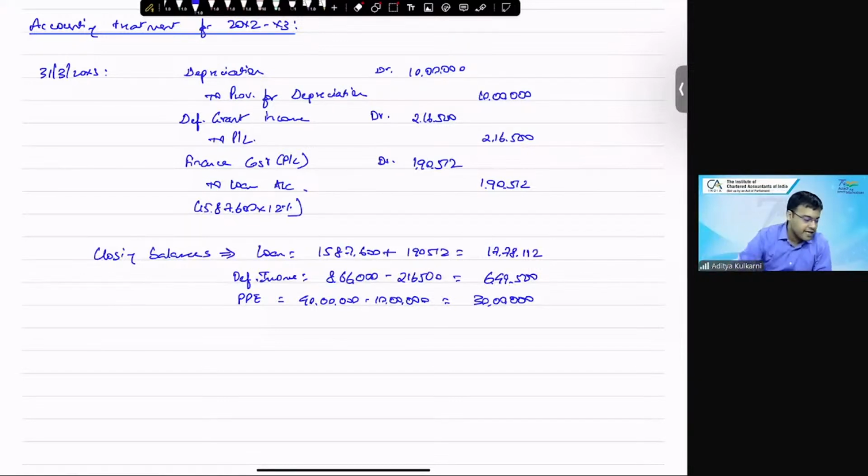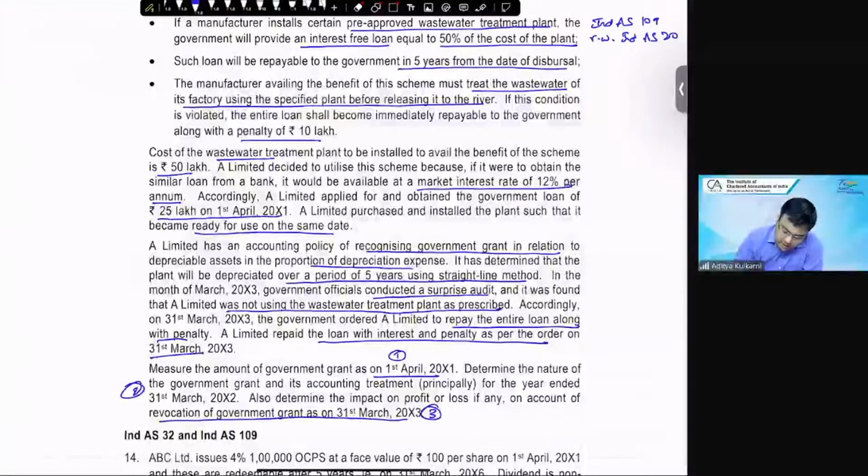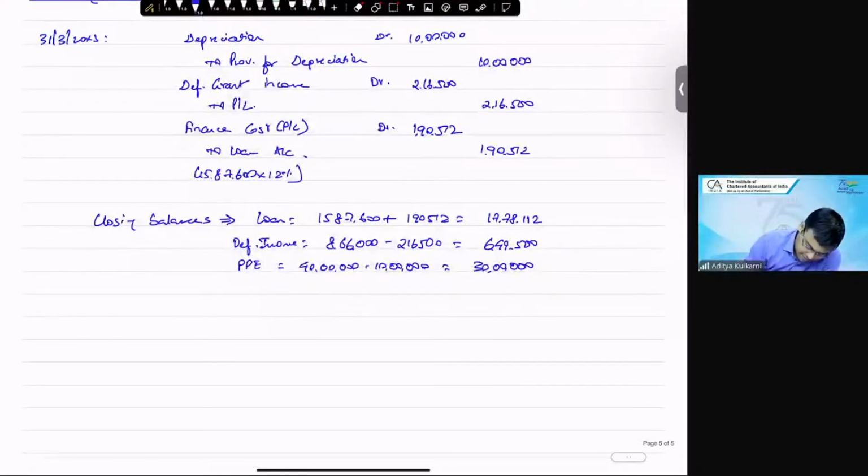So now if I have to repay the loan, and it is paid, as they have given, right? A Limited repaid the loan and penalty as per the order on 31st March X3. Okay. Now if I pay the loan, will I have any deferred income left?